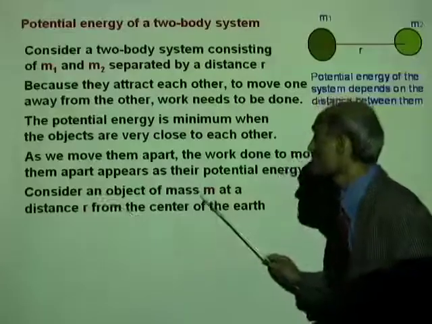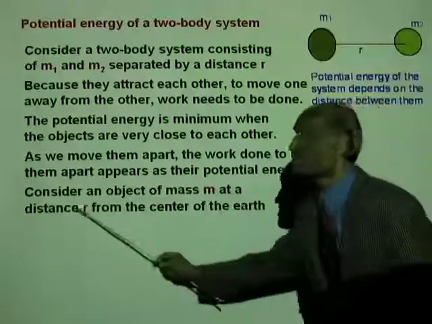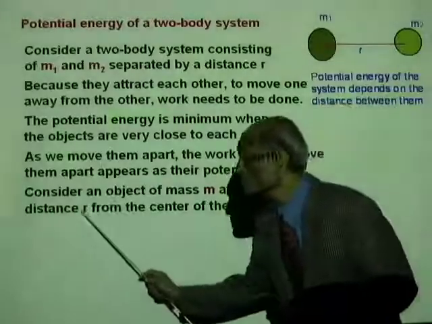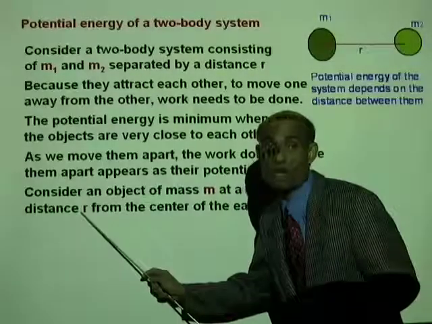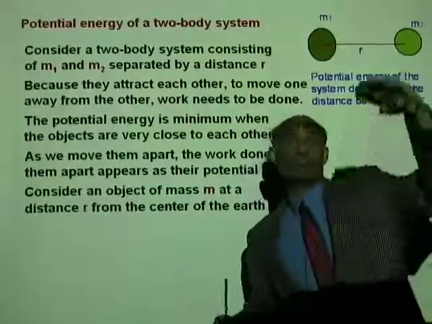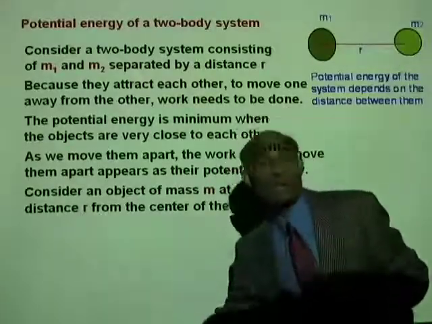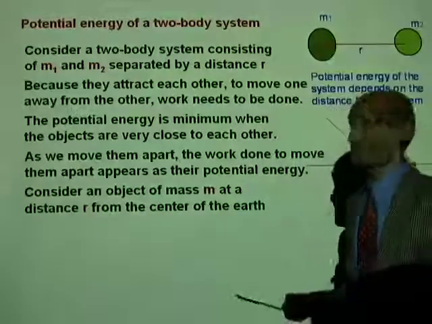Consider an object of mass m at a distance r from the center of the Earth. Now look at the distance r I have used, small r. It means it is at an altitude h, so that this r is R_E plus h. Is that right?